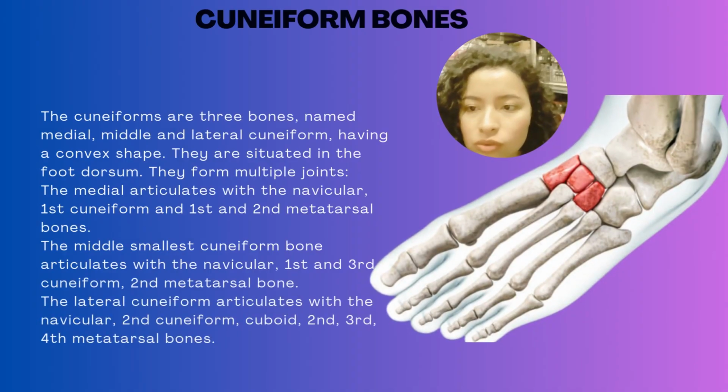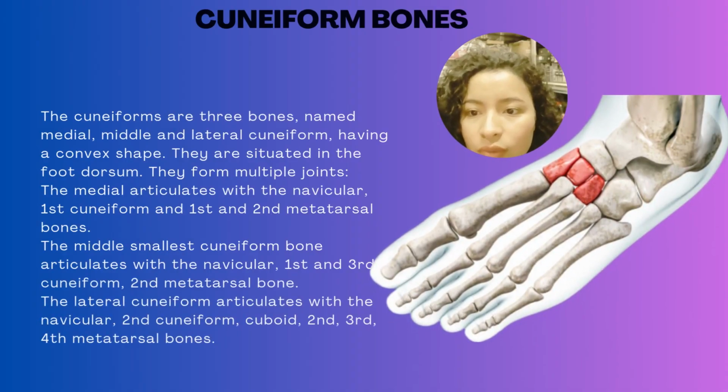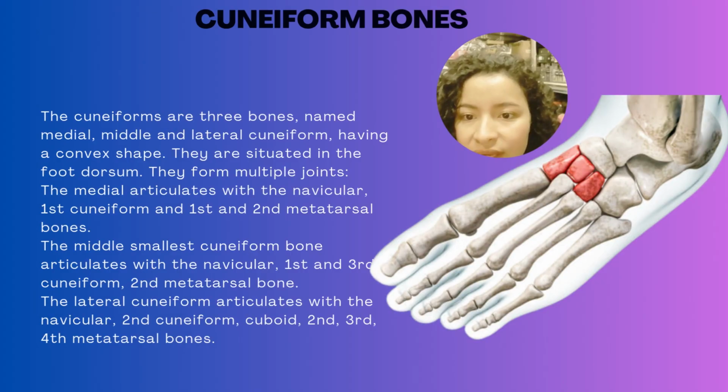Cuneiform bones. The cuneiforms are three bones named medial, intermediate, and lateral cuneiform, having a convex shape. They are situated in the foot dorsum. They form multiple joints. The medial articulates with the navicular, second cuneiform, and first and second metatarsal bones.